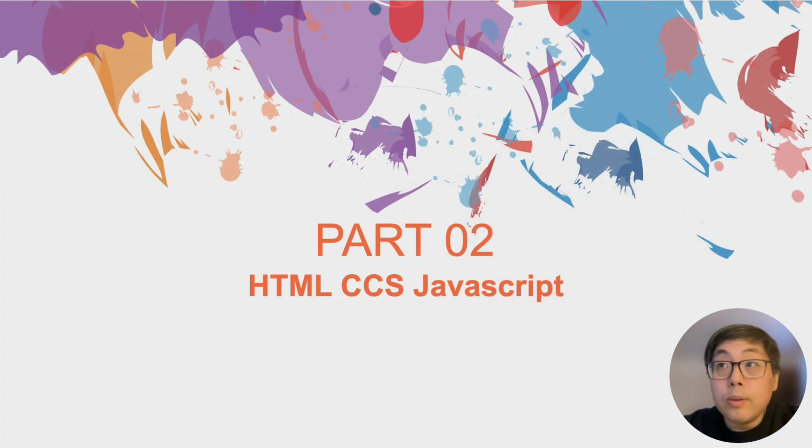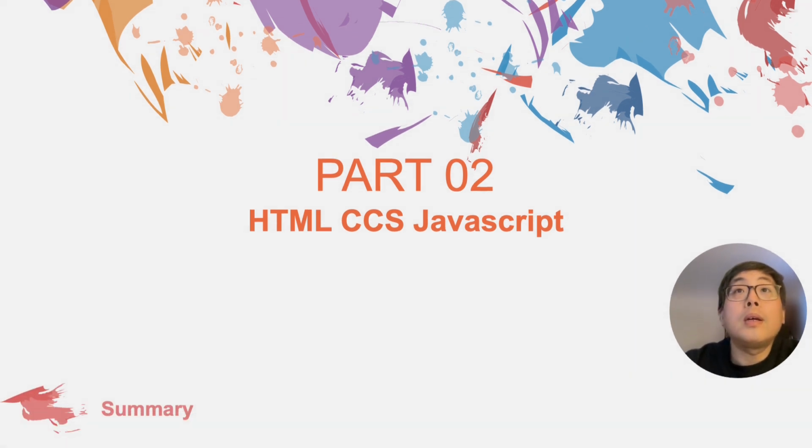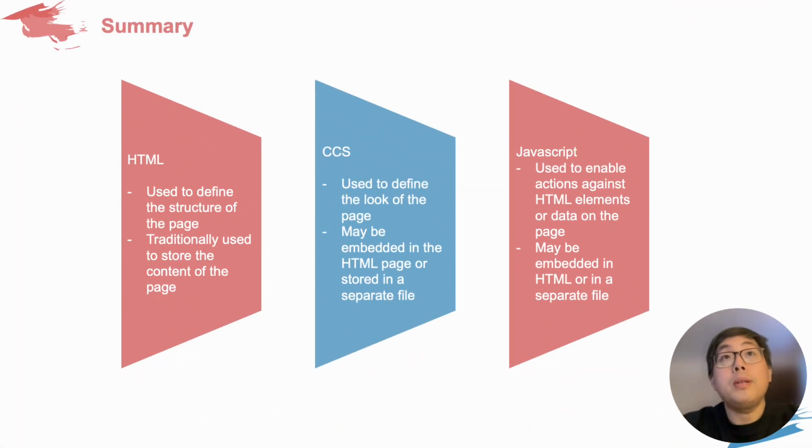Okay, part 2. Right, I put these 3 things together because they actually work together. So in the UI map, you can actually define the page using HTML, and very often it is used together with CSS and also JavaScript.